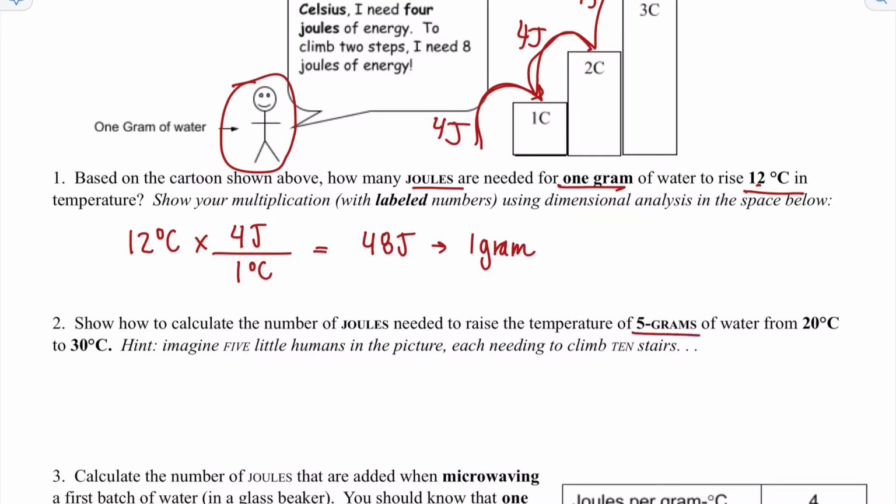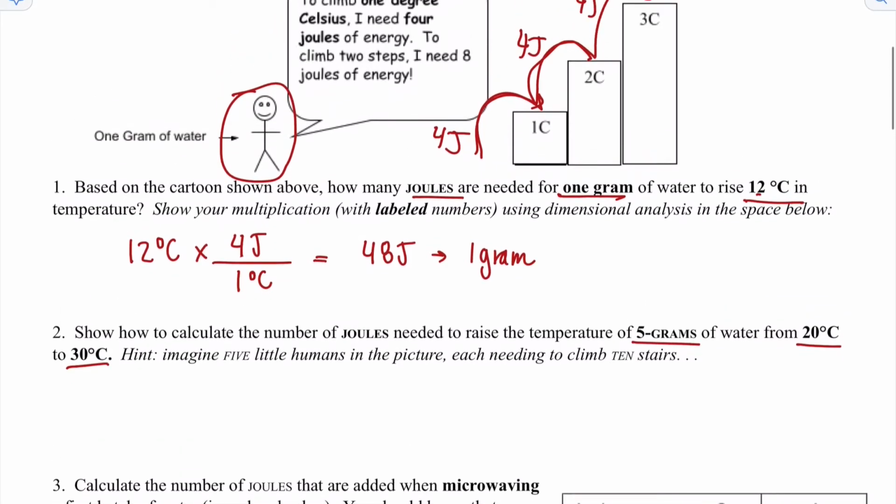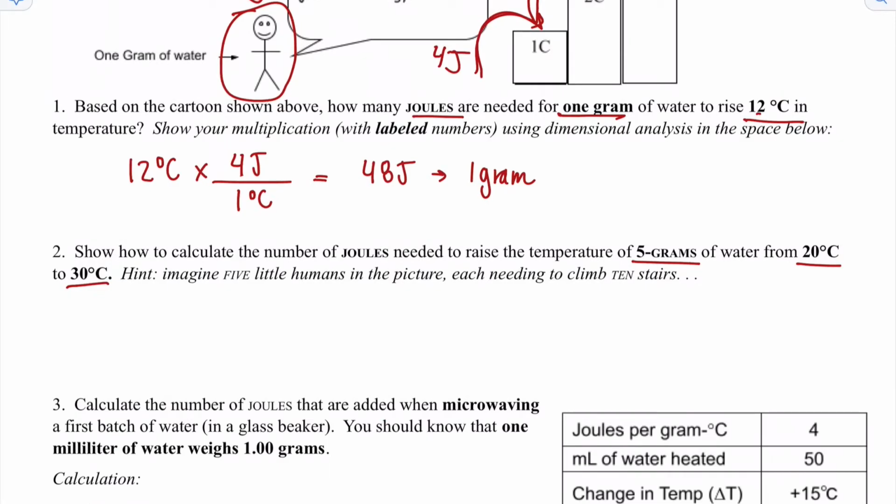What if you have 5 grams of water from 20 degrees to 30 degrees Celsius? So instead of one little person in the picture, we have 5. The question is saying you're going from 20 degrees to 30 degrees. That would be 10 steps, or 10 degrees total.